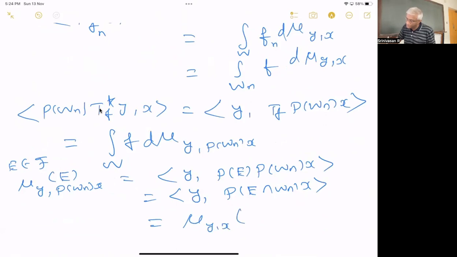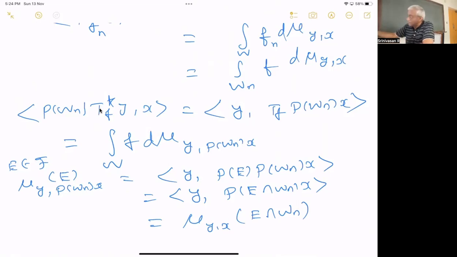Now this is nothing but mu y x of E intersection omega n. So this is just an intersection measure. You know that if you have a measure defined on a big set and you have a subset, you can intersect with that subset and you get a new measure. That's also a measure. This is a basic exercise in measure theory.